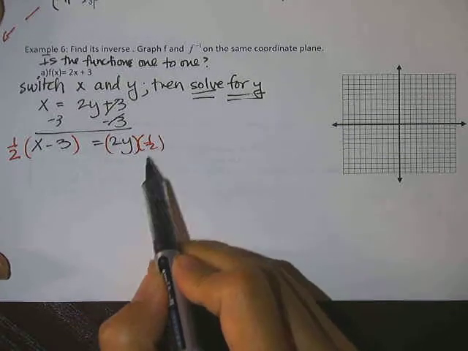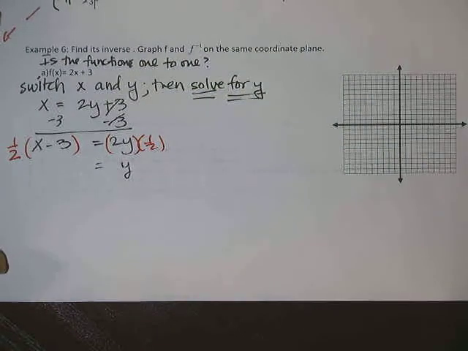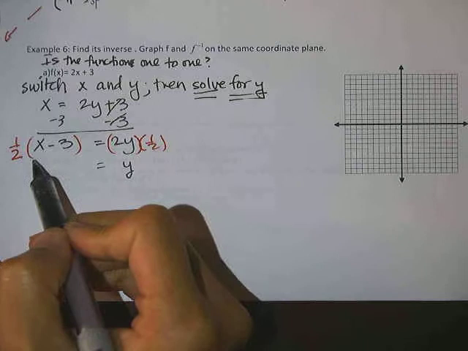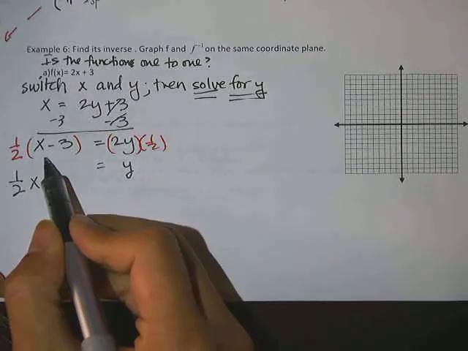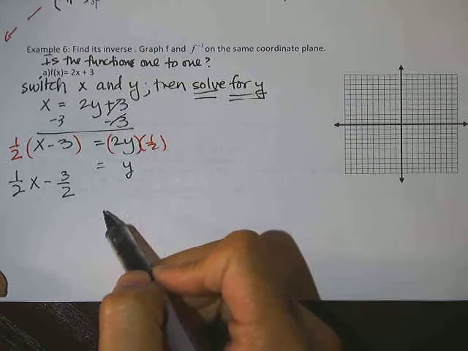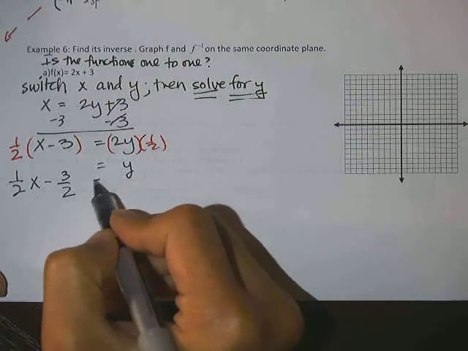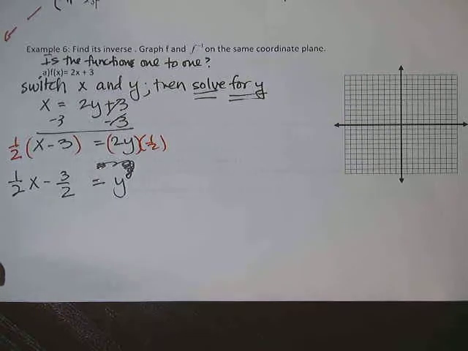So 2 times 1/2 is 1, or 1y. Then I'm going to distribute the half, so 1/2 times x is 1/2 x. 1/2 times -3 is -3 over 2. Oops, my y didn't quite line up. Equals y. Just bring it down so it lines up nicely.